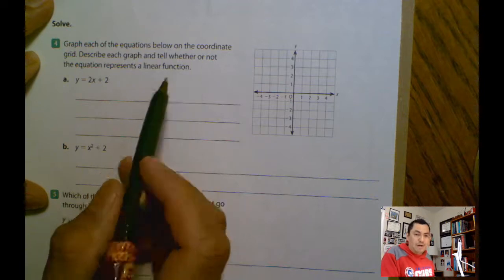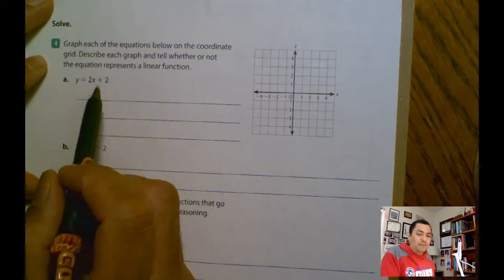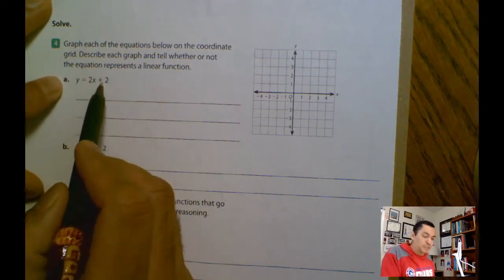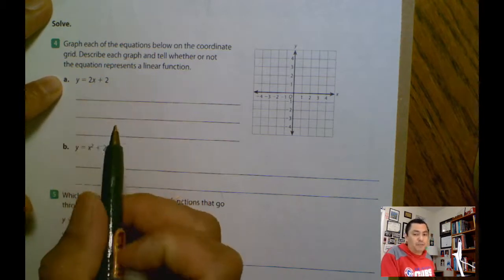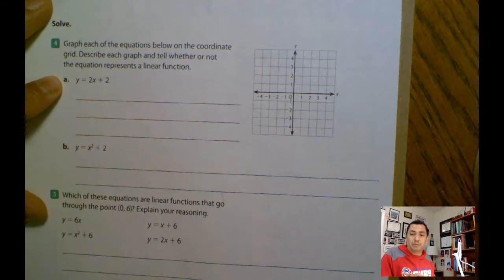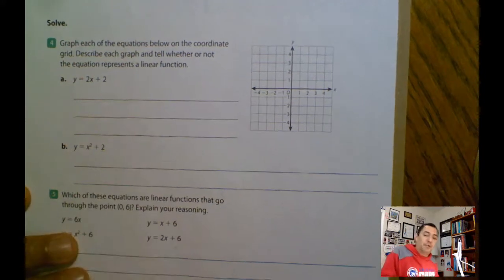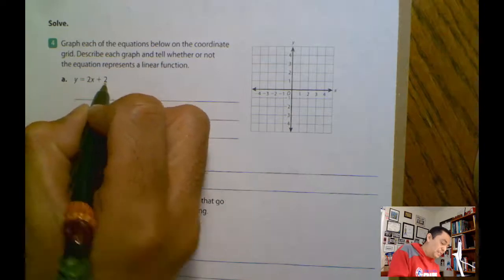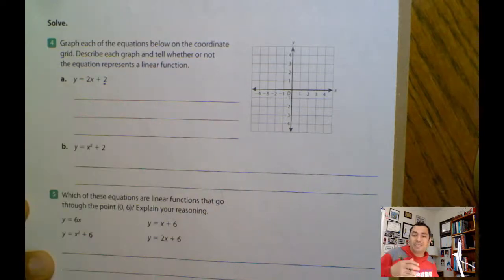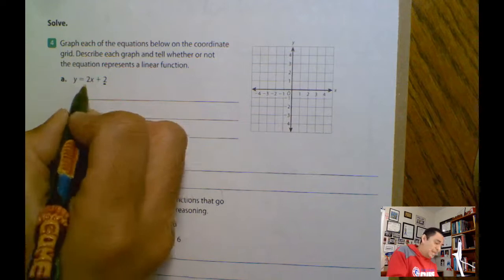Okay, so for problem number 1, y equals 2x plus 2. We know it's a linear function because it's in the form y equals mx plus b. Now the question is, what is the initial value? The initial value is 2. What is the rate of change? It is 2.